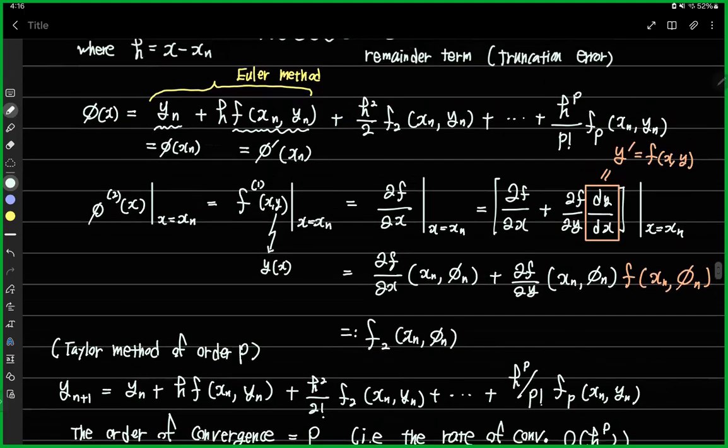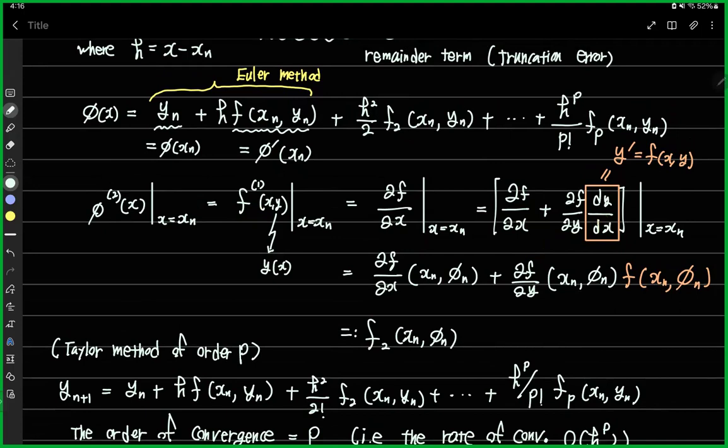F2, which is the partial f, partial x. But when you find a partial x, since y is a function of x, that's what we got this formula. And then here, partial x and partial y, we consider x and y as just independent variables.